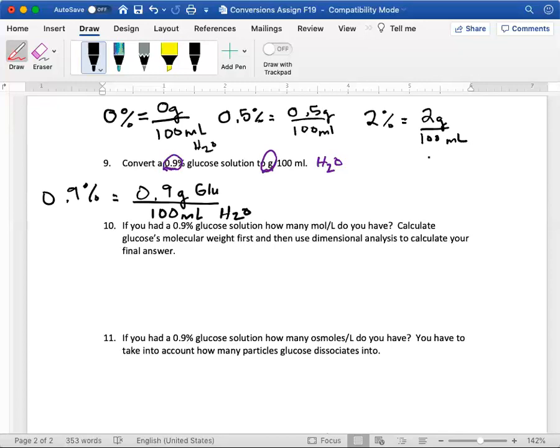Which one has the least amount of particles? Good, the 0% solution has the least amount of particles, right? What has the most amount of particles? The 2% solution has the most amount of particles, right? And you can actually prove this yourself. So 0 grams, 0.5, 0.9, 2. So 2 grams in the same amount of water, you're going to have more particles.